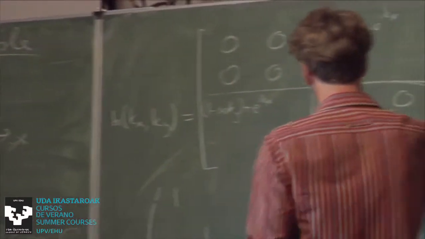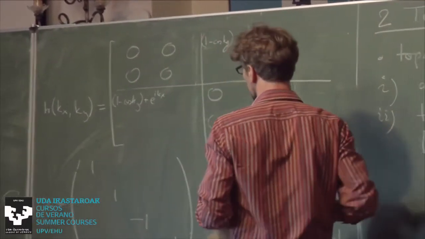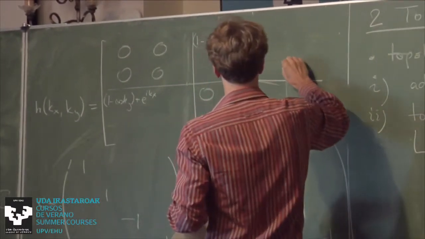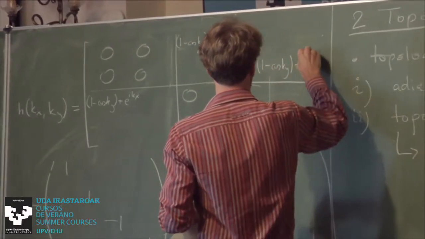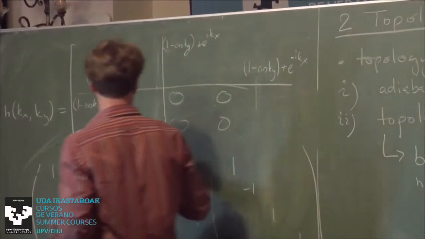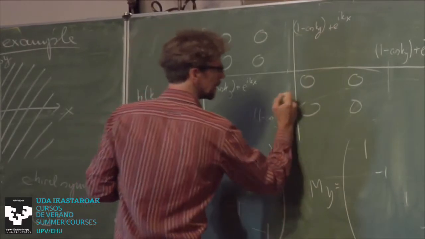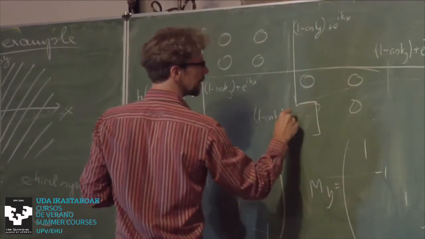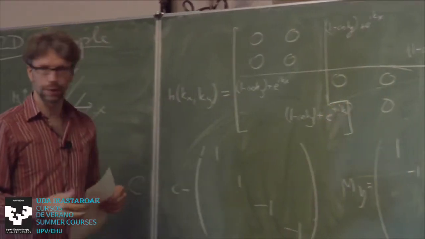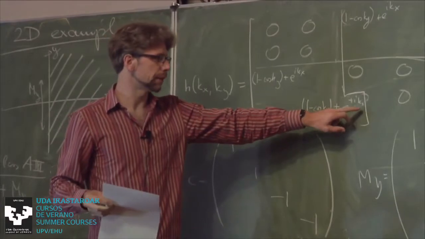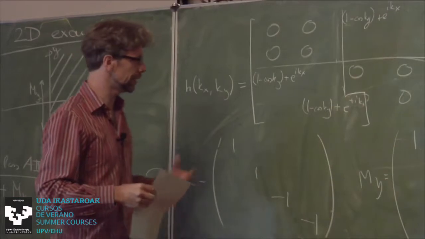And I'll add another copy of such a system, but this time with the opposite winding number, which means I'll write 1 minus cosine ky plus e to the minus i kx. Then down here it's going to be 1 minus cosine ky plus e to the plus i kx. If you remember how we computed the winding number, this was basically the prefactor of kx, depending on whether it's plus 1/2 or minus 1/2, the polarization.